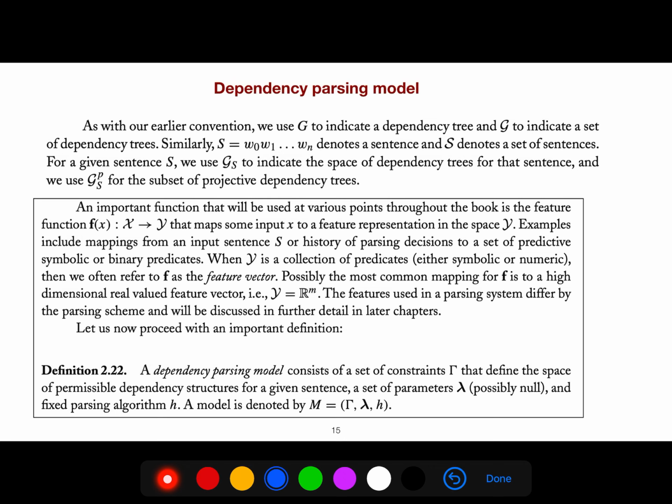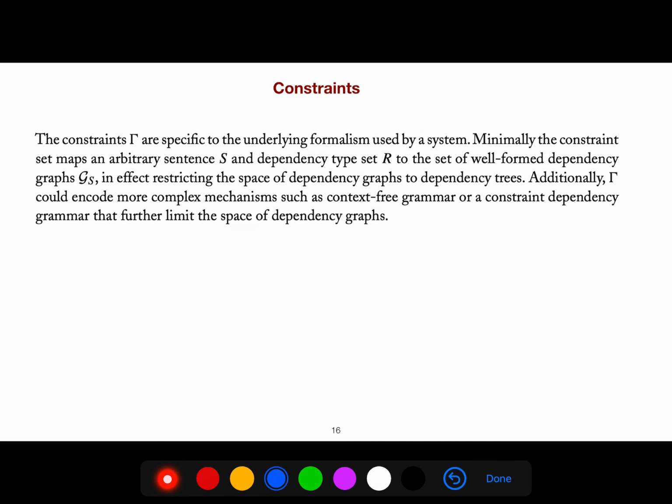A dependency parsing model consists of a set of constraints, gamma, that define the space of permissible dependency structures. What are these constraints? The constraints are specific to the underlying formalism used by a system. Minimally, the constraint set maps an arbitrary sentence and dependency type R to the set of well-formed dependency graphs.